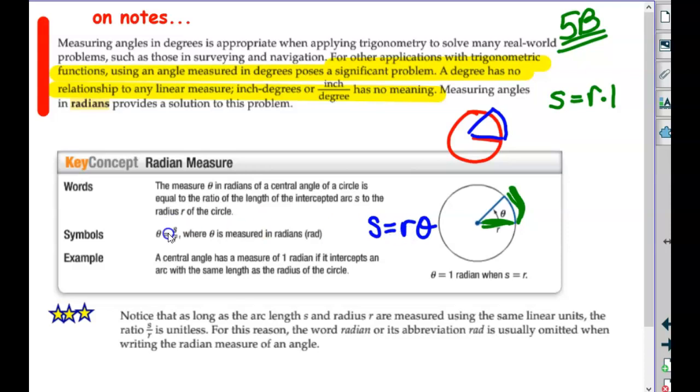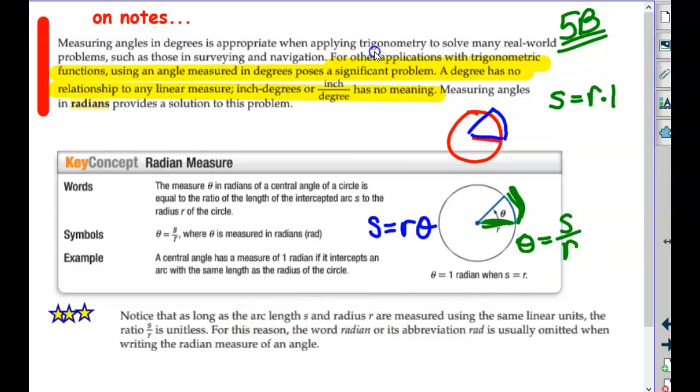So they give it to you here as theta equals S over R. See, I can't even read. That's if they're solving for the angle. So arc length is R times theta, or the angle is this in radians.